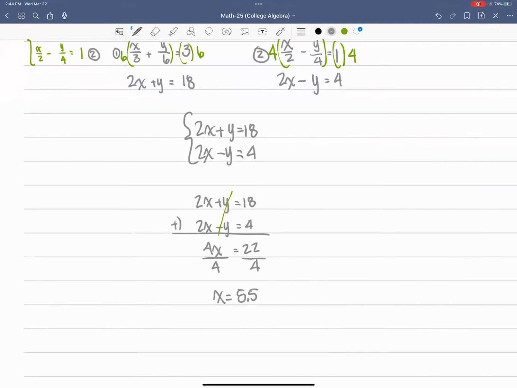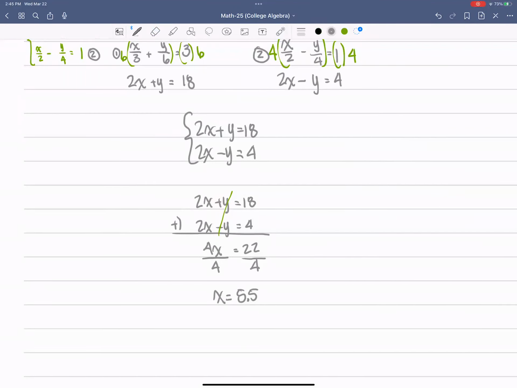So we have x over 2 minus y over 4 is equal to 1. We just found out x was 5.5, so 5.5 over 2 minus y over 4 is equal to 1. Yeah, this doesn't look too pretty. So let's use one of the other equations.